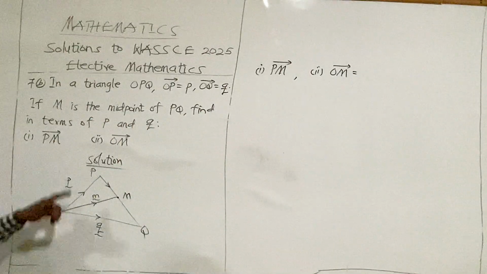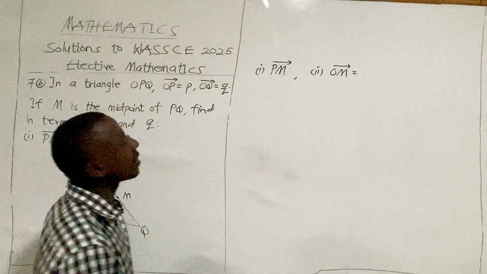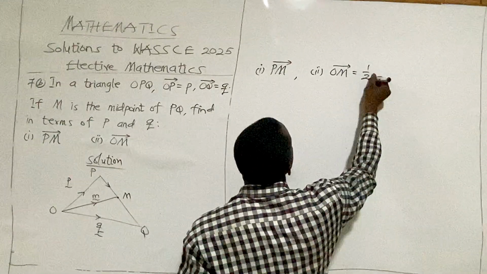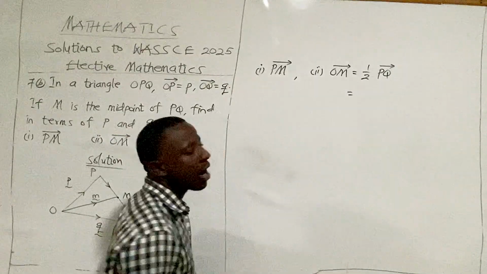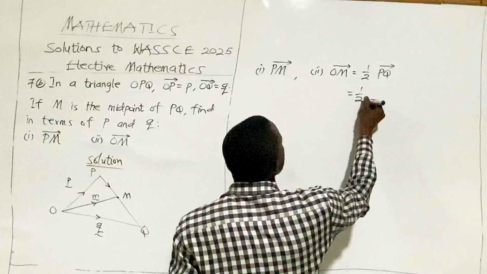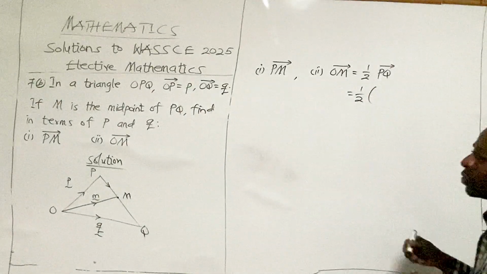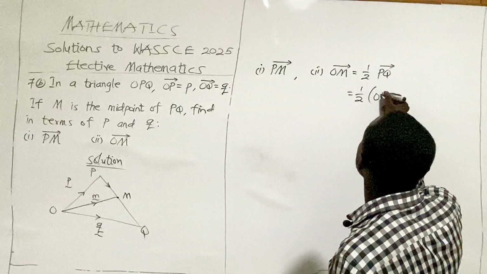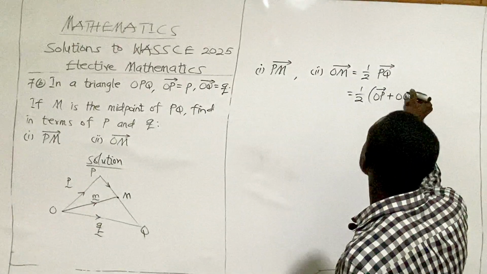The question said M is the midpoint of PQ, so it means that OM is going to be half of the sum of OP plus OQ.